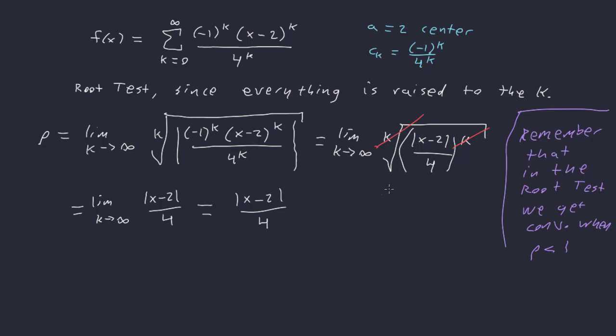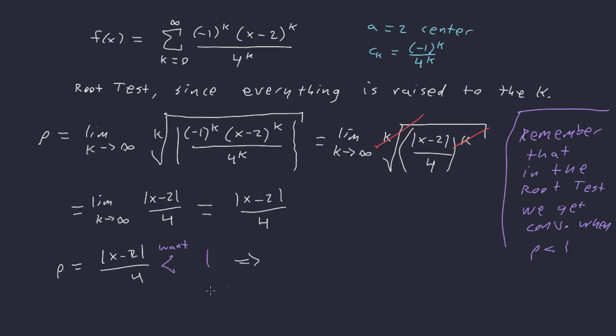Okay, so when rho is strictly less than 1, well, our rho, in this case, is the absolute value of x minus 2 all over 4. So what we want is this less than 1 to get convergence.